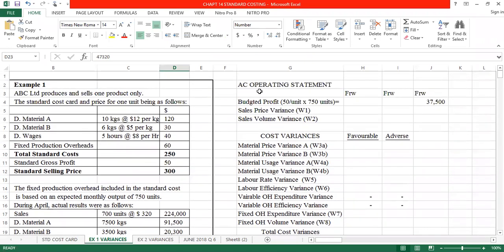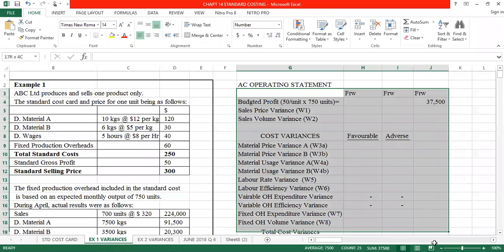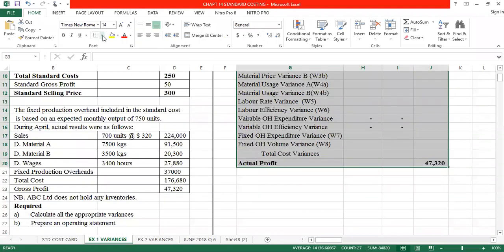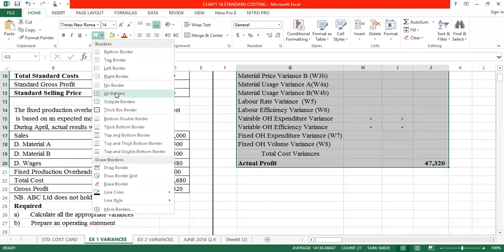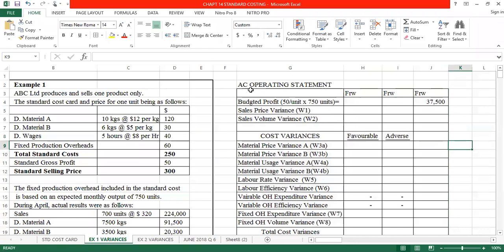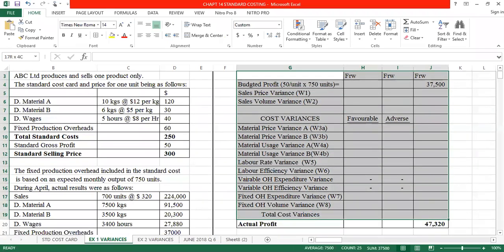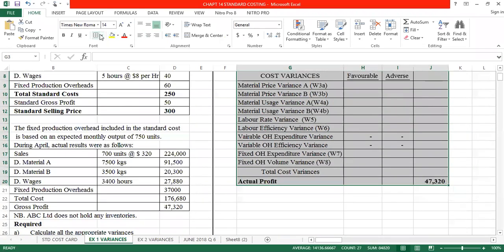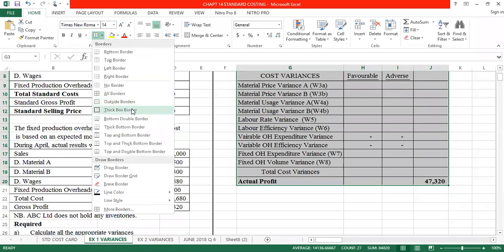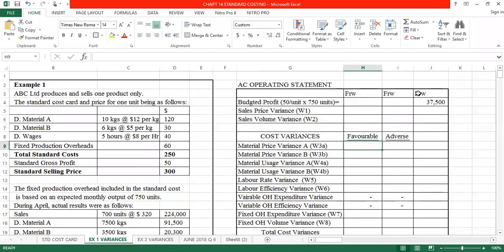That is the operating statement, sorry, not variance, operating statement. In that case, we are using a method called AC.